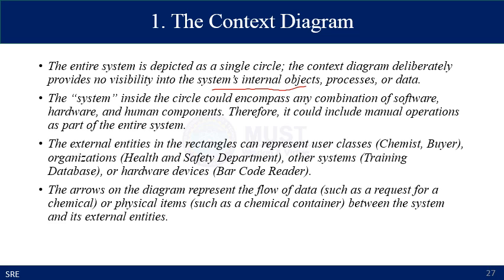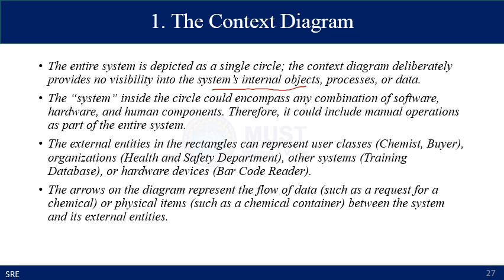Therefore, it could include manual operations as a part of the entire system. The external entities are in rectangles that can represent user classes. For example, in the previous slide, chemists, buyers, and organizations such as health and safety departments, and other systems such as training databases or hardware devices, for example, a barcode reader.